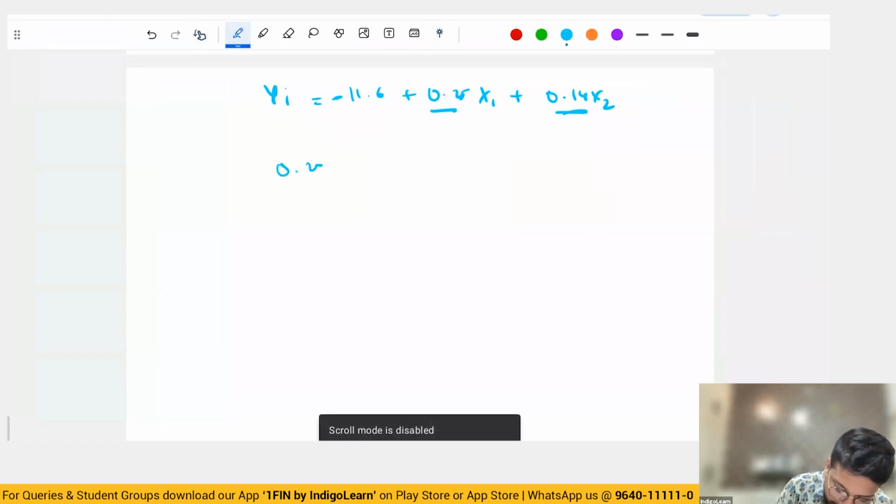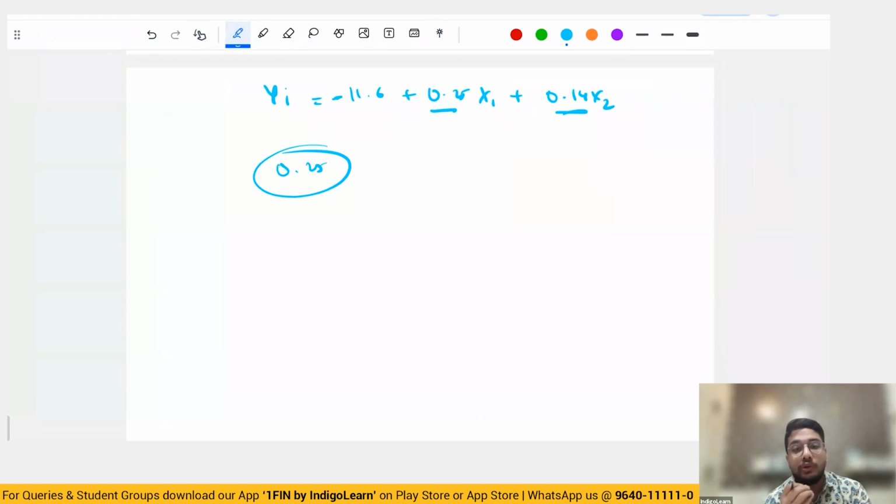What does this 0.25 indicate? 0.25 indicates what shall be the change in the y value, or the dependent variable, for 1 unit change in the independent variable x1, holding x2 constant for that particular period of time.